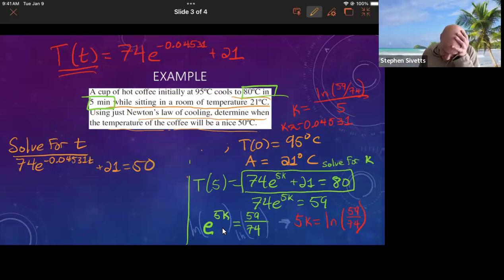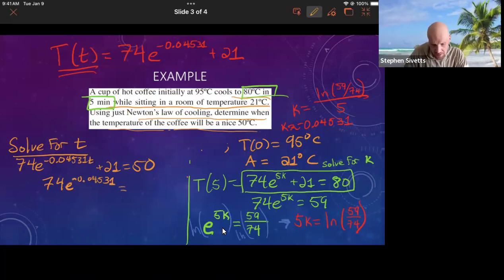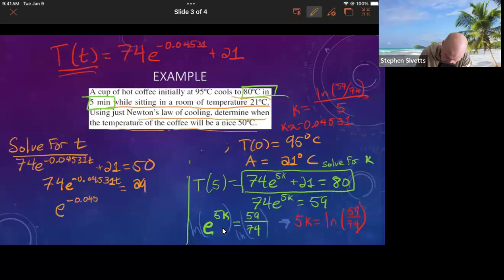And so 74 times this quantity is equal to 50 minus 21, which is 29 degrees. So we have e to the minus 0.04531 t equals 29 over 74.